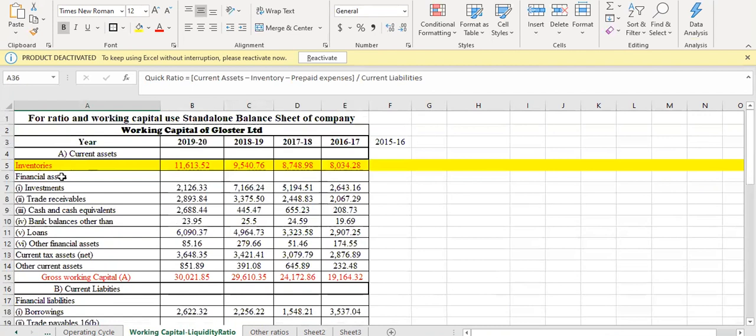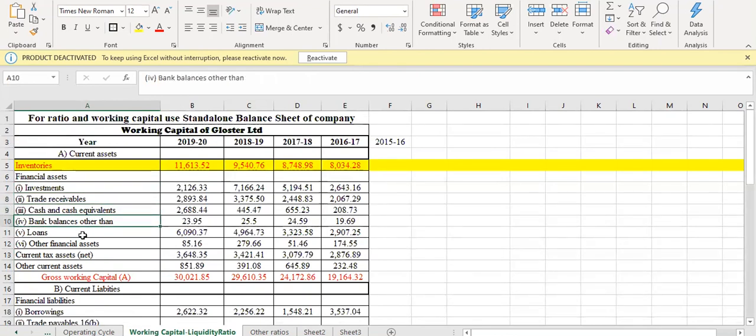If I read all the items given here in my current assets, there is investment, trade receivables, cash, bank, loans, other financial assets, then current tax assets and other current assets. The question is where to find the prepaid assets, prepaid expenses. Investment will purely be about investments. Trade receivables is nothing but debtors data. Cash is related to cash data.